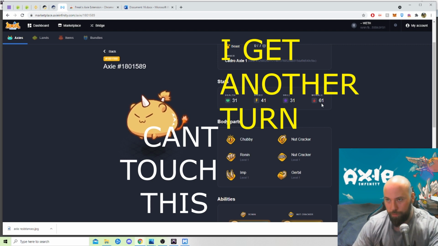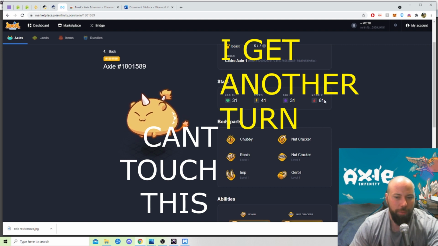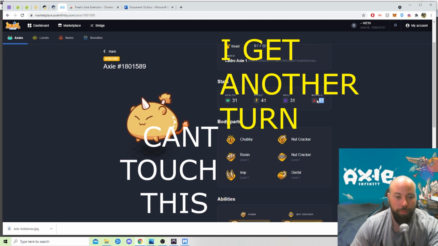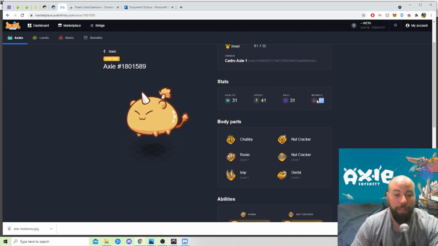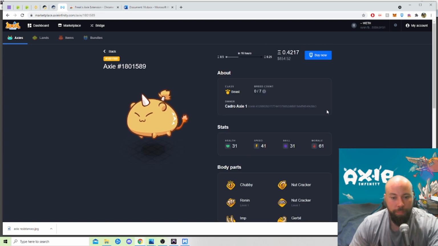So that's where the game's not always over. That's where you could have a comeback and win even after your Axie is essentially defeated, because you get those extra attacks if you were slower in speed, if that makes any sense. But I'll show you that in game anyway.